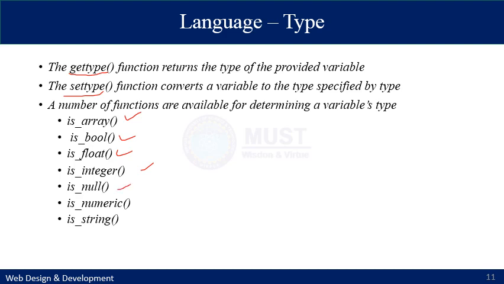Null check is performed using the is_null method, and numeric values can be checked using is_numeric. Similarly, is_string helps you to find out whether the resultant variable is a string or not.